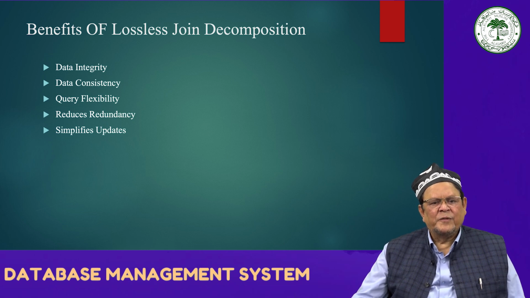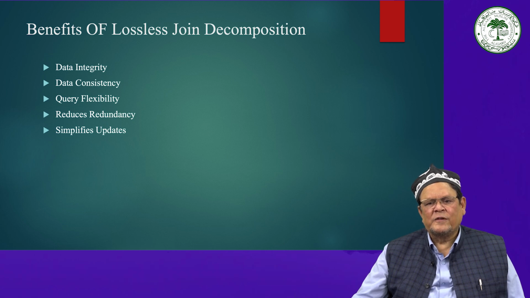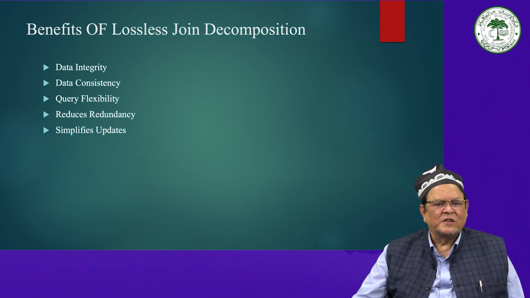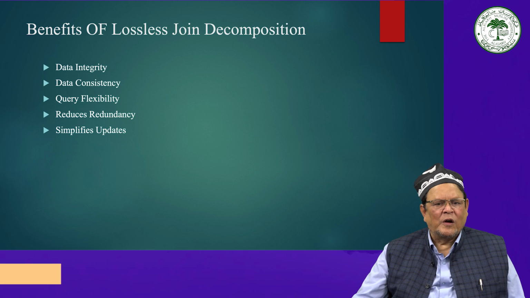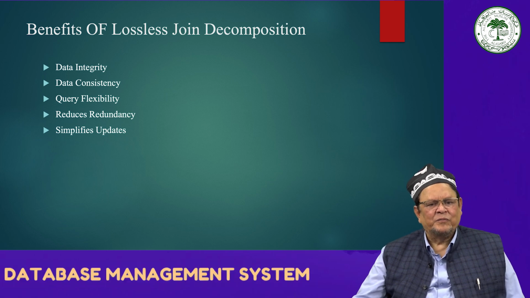Data integrity. It ensures that no information is lost during the decomposition of tables. Data consistency. Prevents anomalies and contradictions that may arise with improper decomposition, maintaining data consistency. Query flexibility. Enables efficient querying by breaking tables into manageable pieces without sacrificing data accuracy.